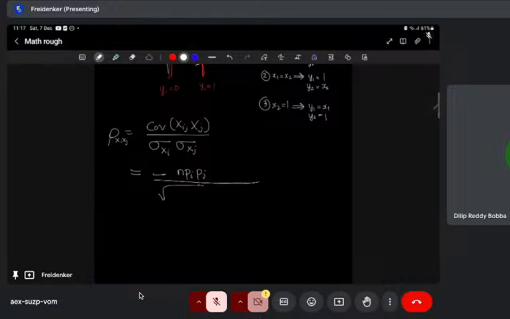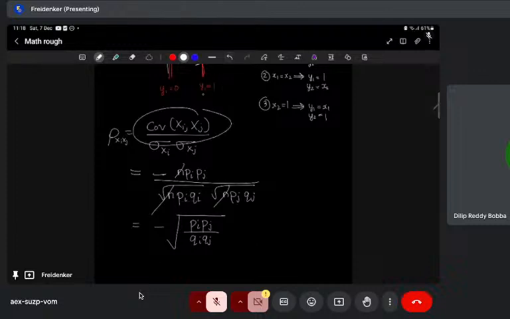And variance is nothing but n p q. So pi qi n pj qj. Now you see where this is going, no? So n gets cancelled, and finally you'll get pi pj over qi qj under root. So you don't have to memorize. If you know one thing, the other things will just come about.